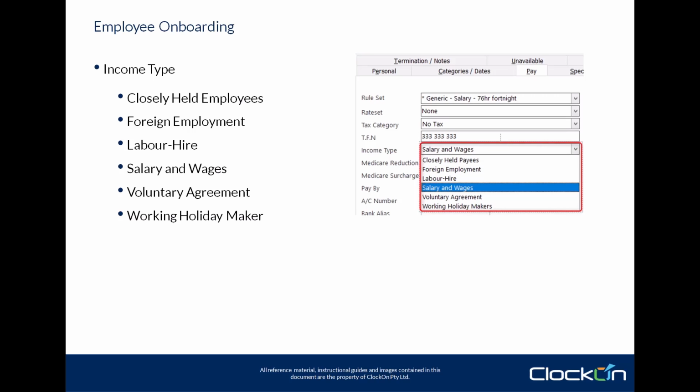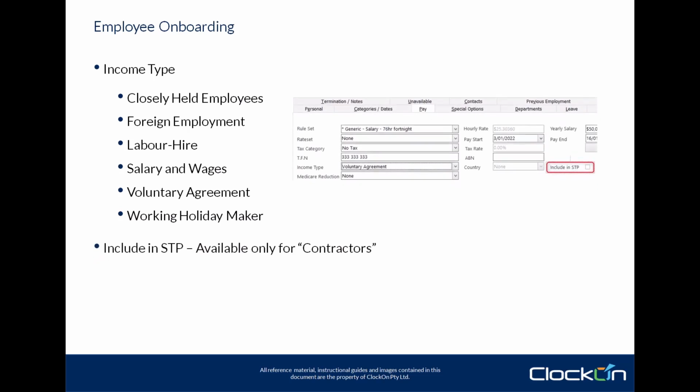Labour hire is kind of like contractor, except it's for short-term work. So fruit pickers might be an example of labour hire, or short-term quick help. And we'll cover off the other ones in a sec. So let's go to the next slide. There's another field in here for include in STP.